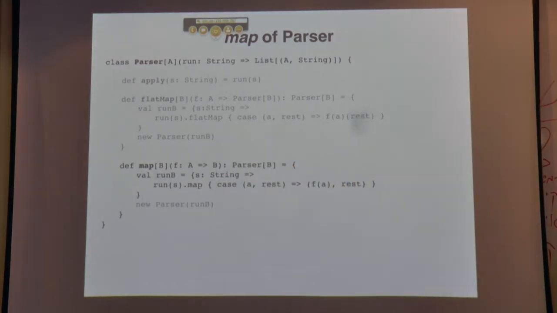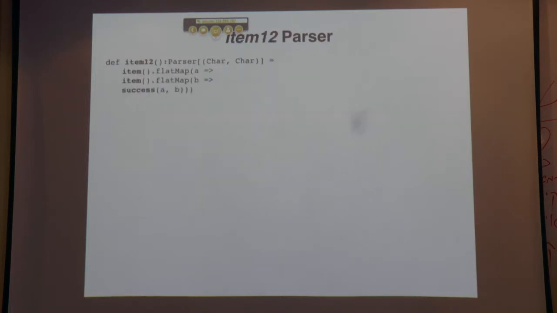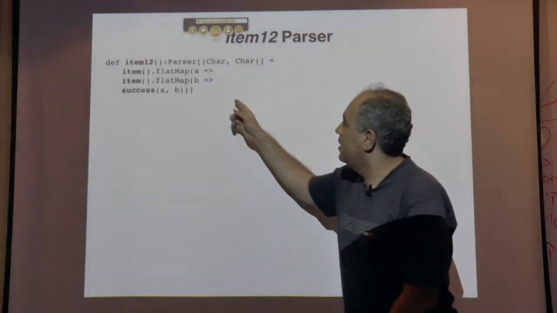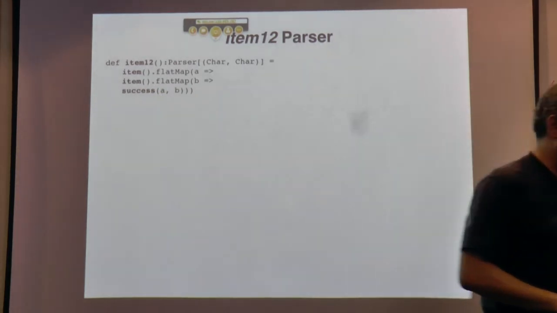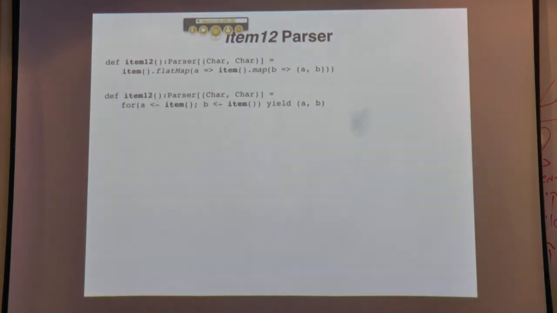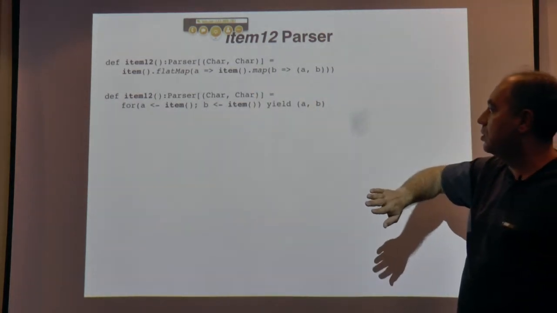That's simple. And now look, I can get this part and replace it with the map call.